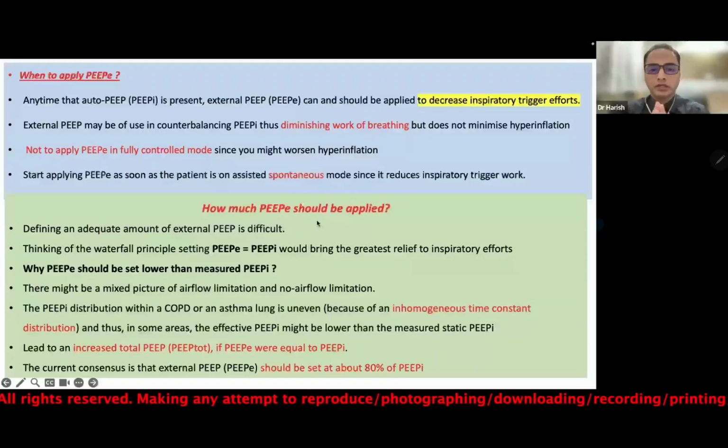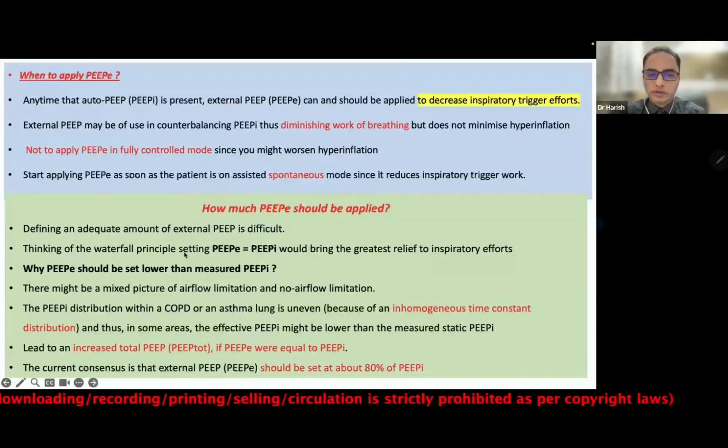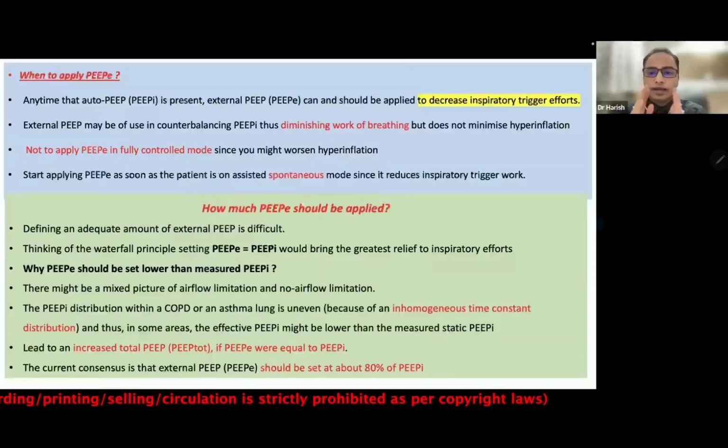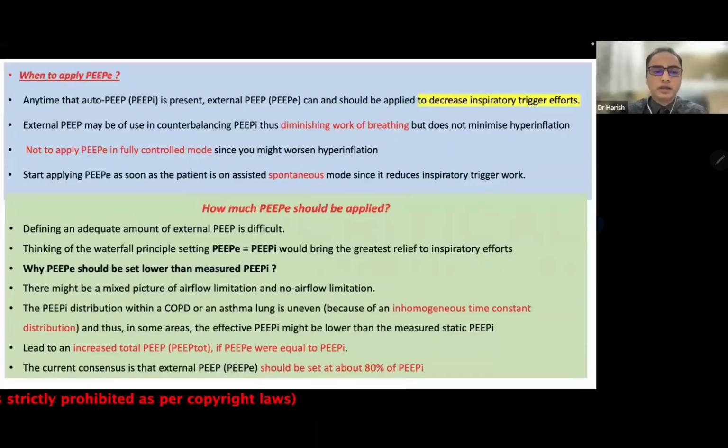So how much extrinsic PEEP should be applied? Defining an adequate amount of external PEEP is difficult. Think of the waterfall principle. Ideally, extrinsic PEEP would be equal to intrinsic PEEP. But we can't add equal extrinsic PEEP, because there might be a mixed picture of airflow limitation and no airflow limitation.